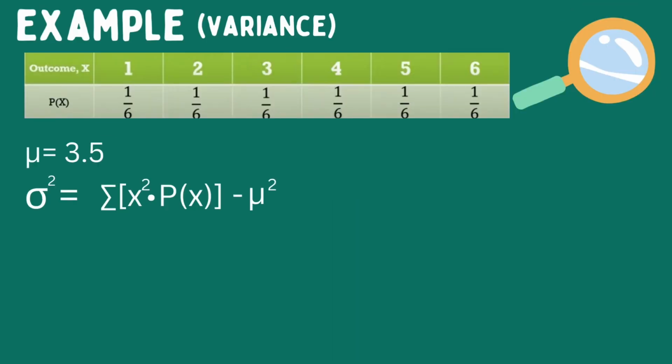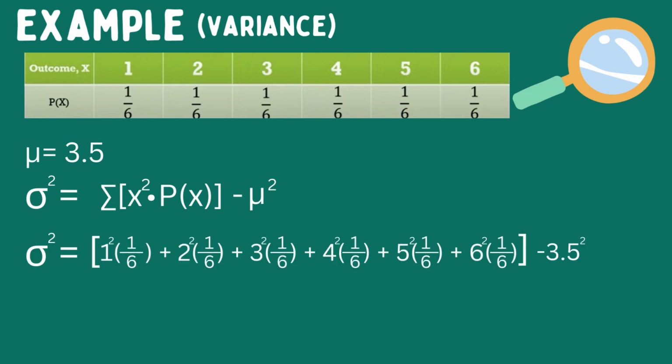Again, using the example earlier and the formula for variance, substituting it, it will be 1 squared times 1/6 plus 2 squared times 1/6 plus 3 squared times 1/6 plus 4 squared times 1/6 plus 5 squared times 1/6 plus 6 squared times 1/6 minus 3.5 squared, which gives a variance of 2.92.